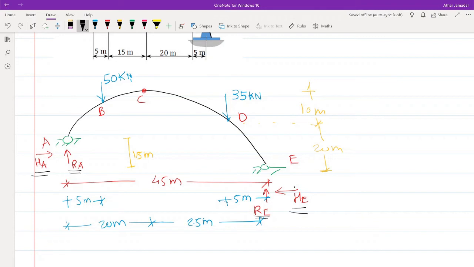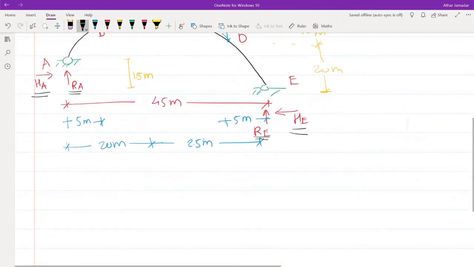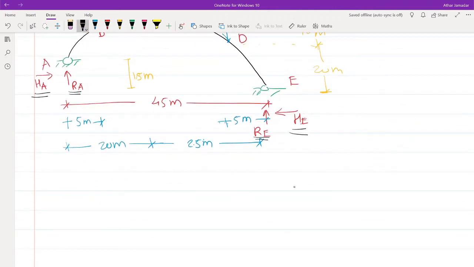For that we are going to use our usual conditions of equilibrium. For vertical forces, remember an arch is nothing but just like a beam. So for the vertical reactions, RA and RE, the equivalent of this particular arch will be a beam like this.